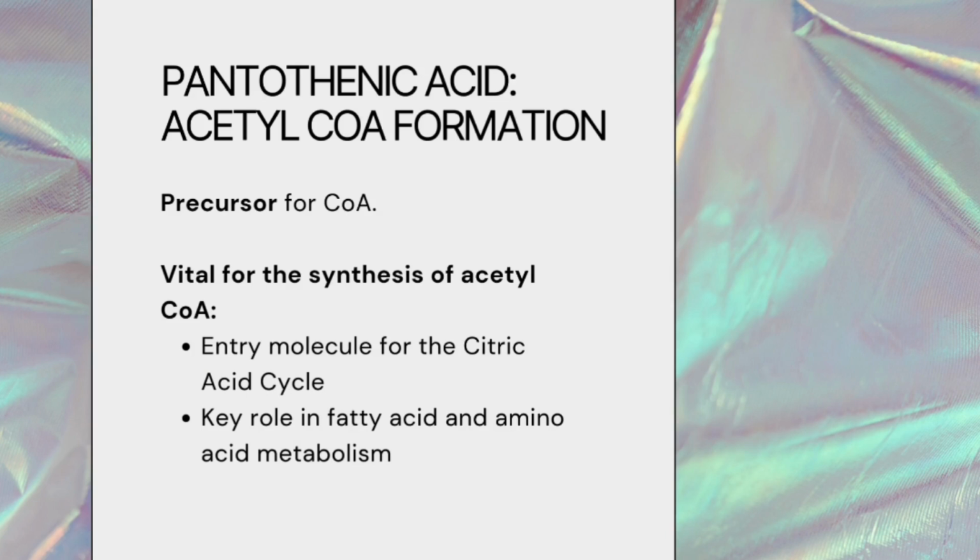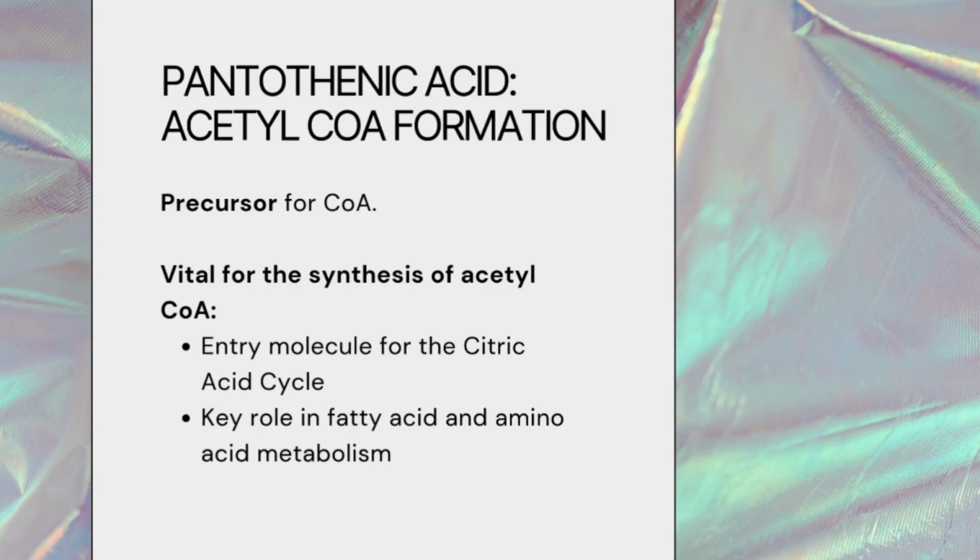Next is fatty acid metabolism. Its role is that CoA is essential for the synthesis and breakdown of fatty acids. In fatty acid metabolism, CoA is involved in the activation of fatty acids before they can be transported into mitochondria for beta oxidation, where fatty acids are broken down to produce acetyl-CoA.